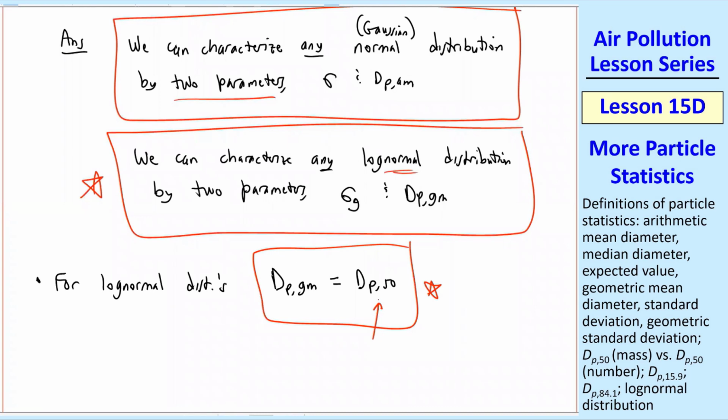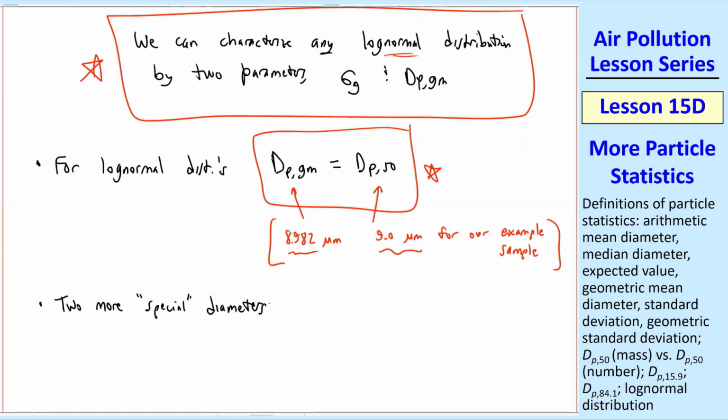This guy is very easy to find because that just means half the particles are bigger than it and half the particles are smaller than it. So as long as it's a log normal distribution, once we find dp50, we know dpgm. Recall that I found dpgm was 8.982, whereas dp50 was 9.0 for our example sample. And that's really close, which means that this sample distribution is indeed log normal.